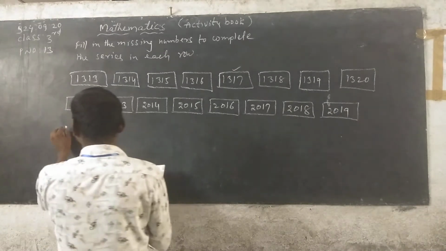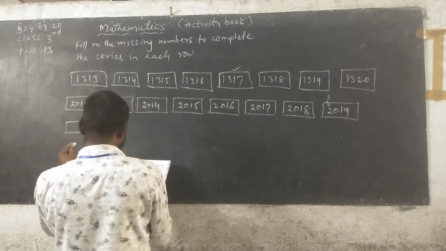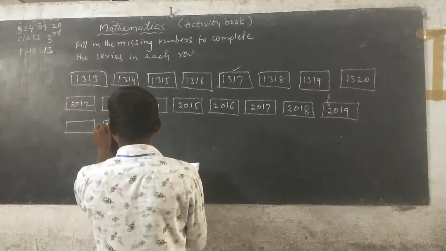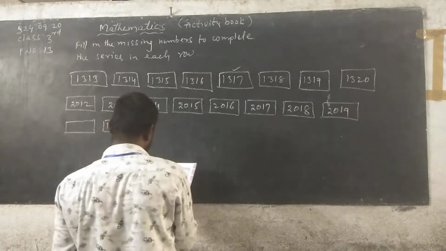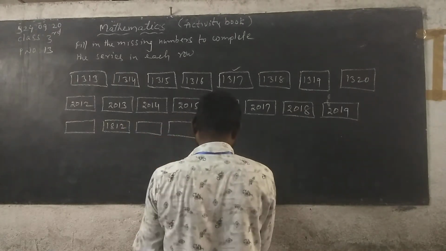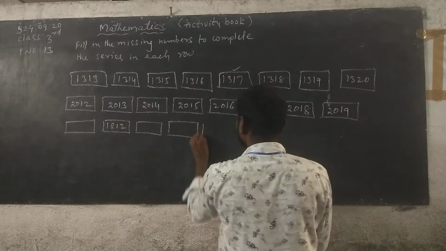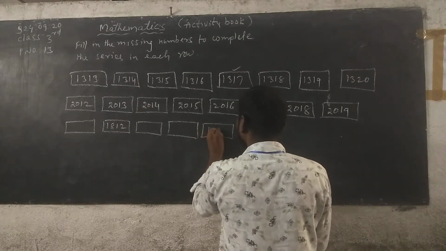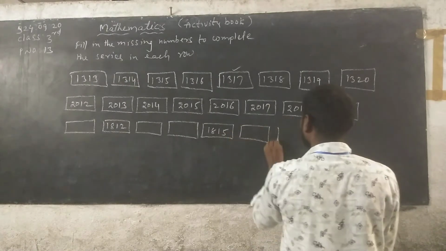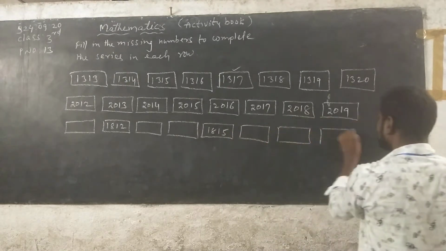Now next, dash, dash, see here 1812 is given, next dash, dash, next 1815 given, dash, dash, dash.